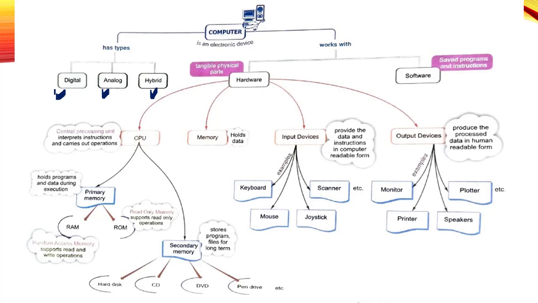Digital computers are the computers which work on digital signals, that is in the form of binary data, zeros and ones. Whereas analog computers are generally used for scientific calculations, and these computers are only used for specific needs like calculating or measuring some units. A hybrid computer is a combined version of a digital as well as an analog computer.